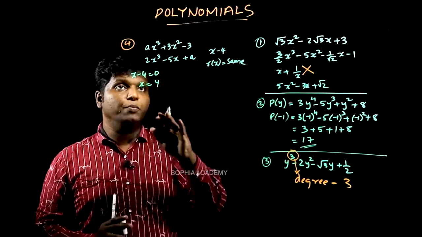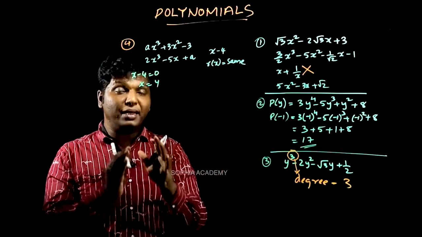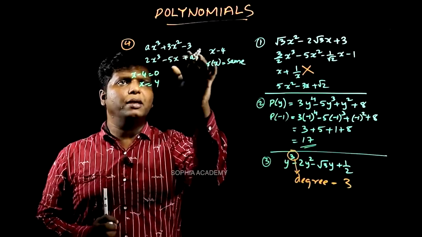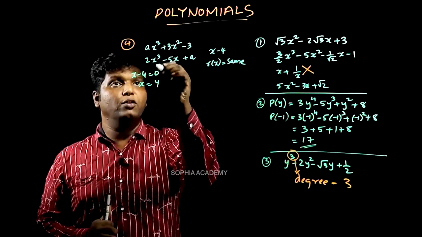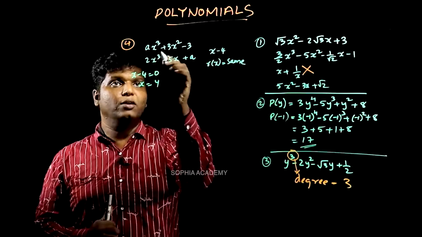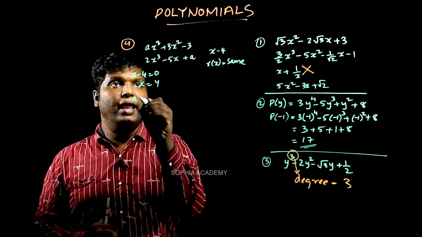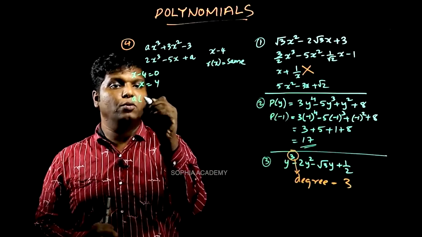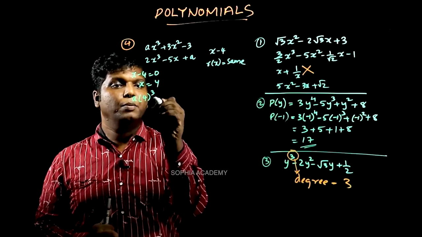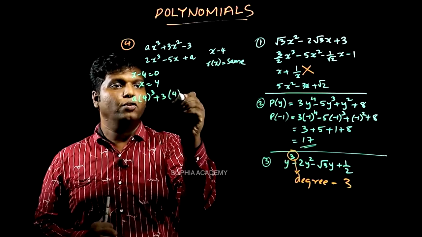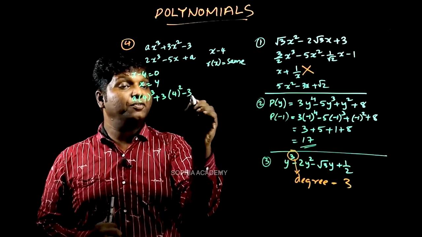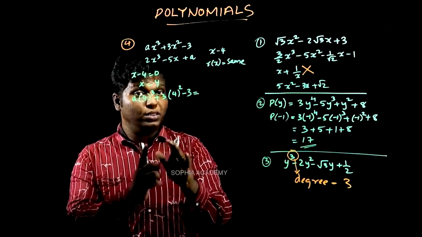So what we have to do? We have to equate these two remainders together. How will you find the first remainder? I told you, instead of x, you substitute the value 4. So a into 4 cube plus 3 into 4 square minus 3. That's the first one, and this will be the remainder.